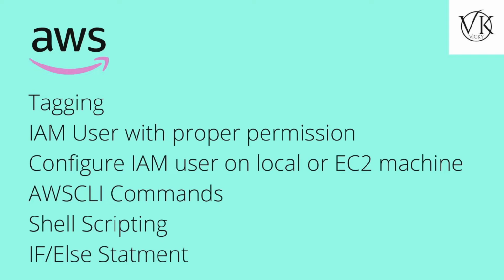Here we need to update the tag, so we need to make sure that whatever IAM user we create has proper permission to update, delete, and describe tags, etc. Then we need to configure the IAM user on the local machine, or we can use the EC2 machine as well. We need the AWS CLI commands on how to update the tag information and how to get the tag information from the resources.